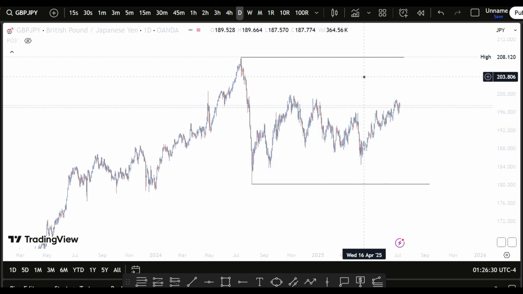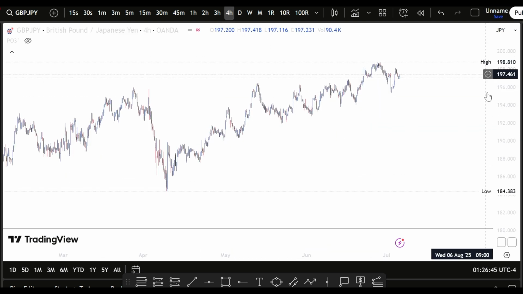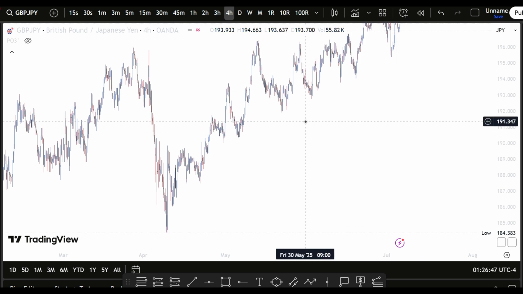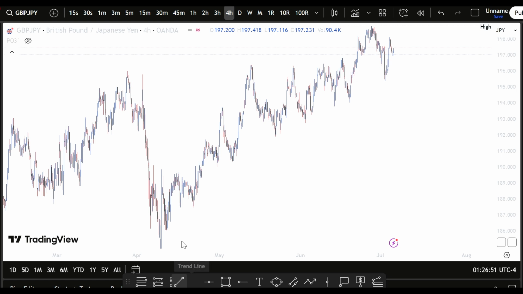So what's my next step? After identifying my directional bias and looking out for the obvious highs and lows, I want to dive down into the 4 hours. You can see that on the 4 hours we are trending upward as well.